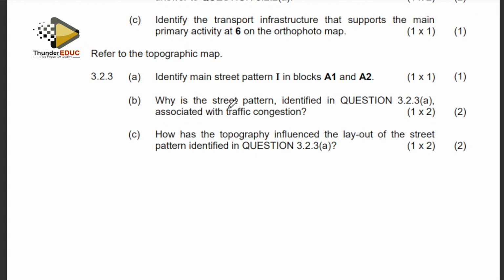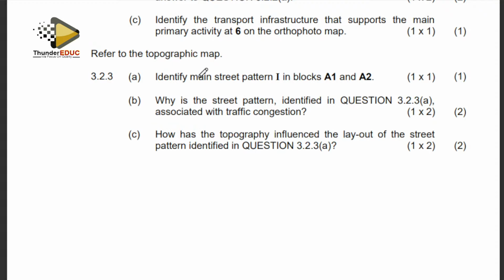Okay. They're saying identify the main street pattern I in block A1 and in block A2. Okay. They say identify the main street pattern.